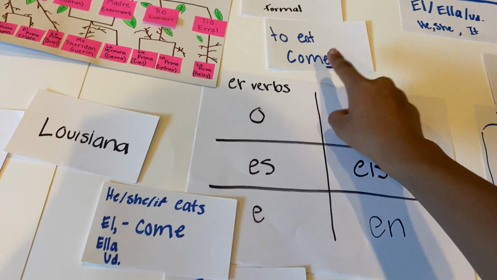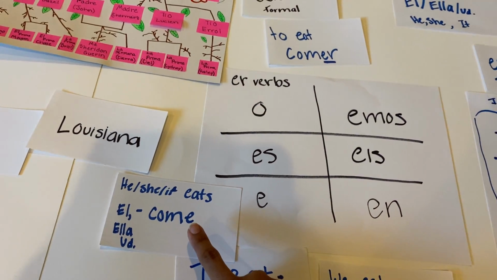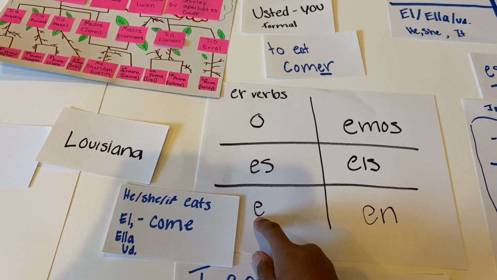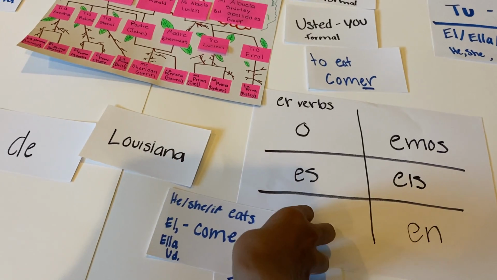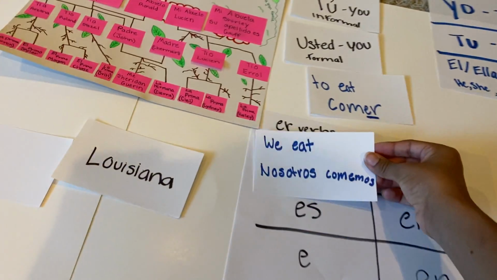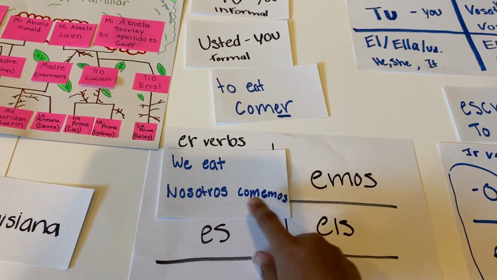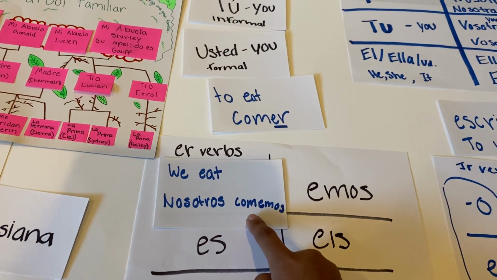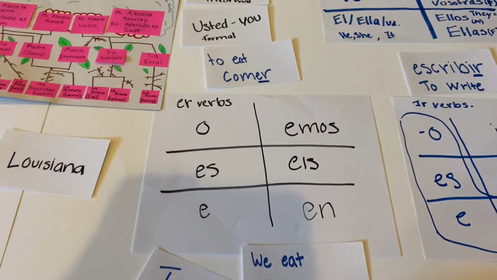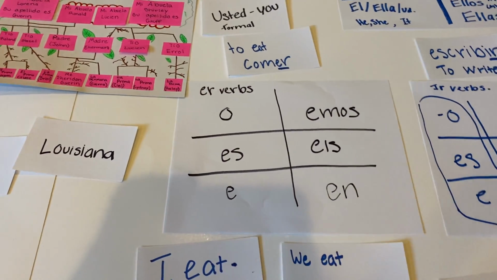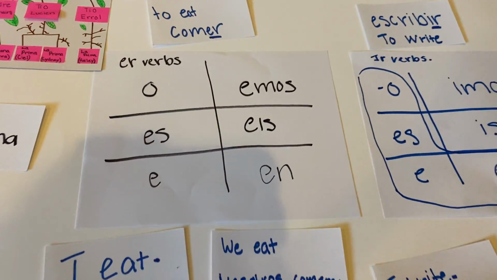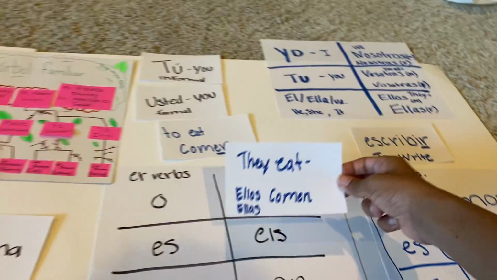Comer, he, she, it. Drop the ER and we just have E. For we eat, we have nosotros comemos. You all eat, vosotros coméis. They eat, ellos comen.